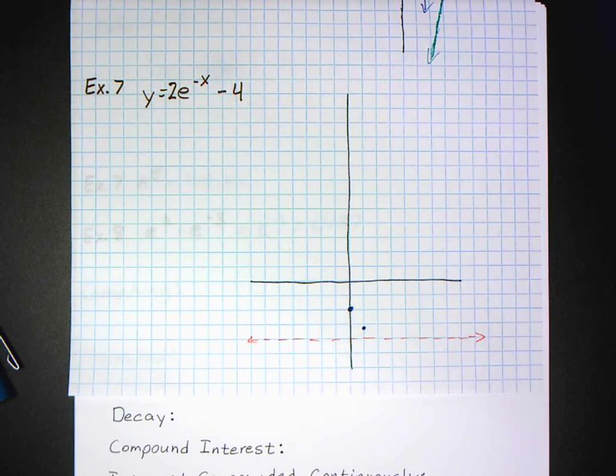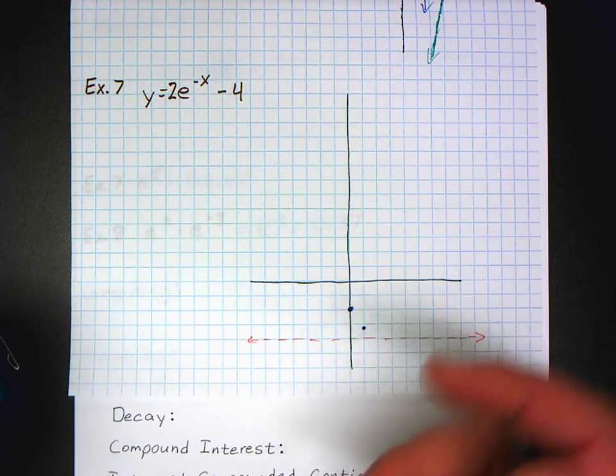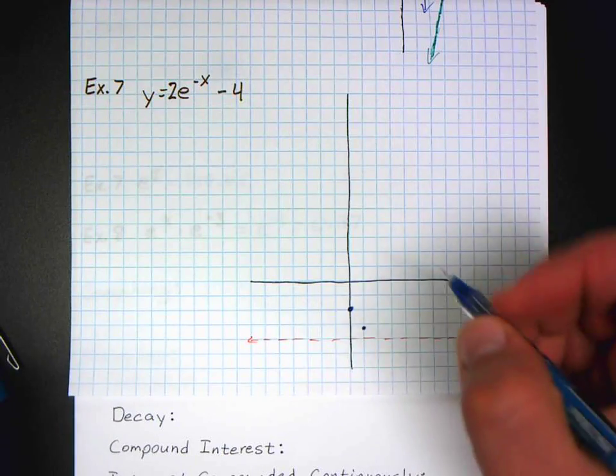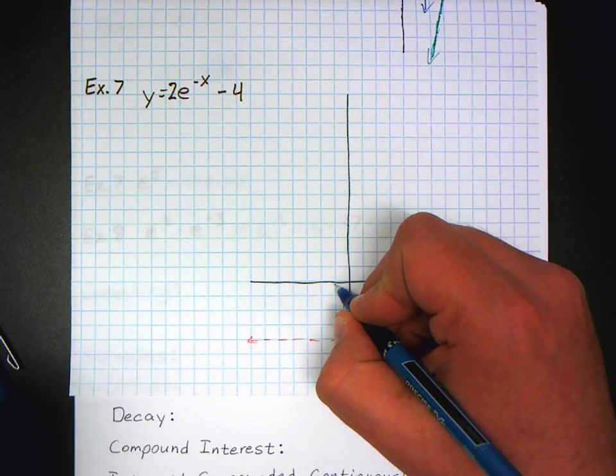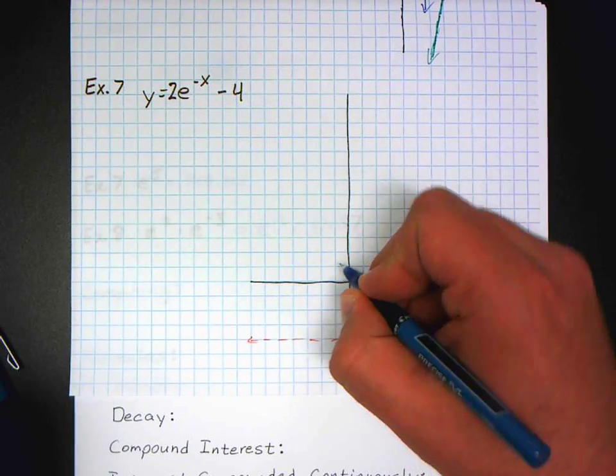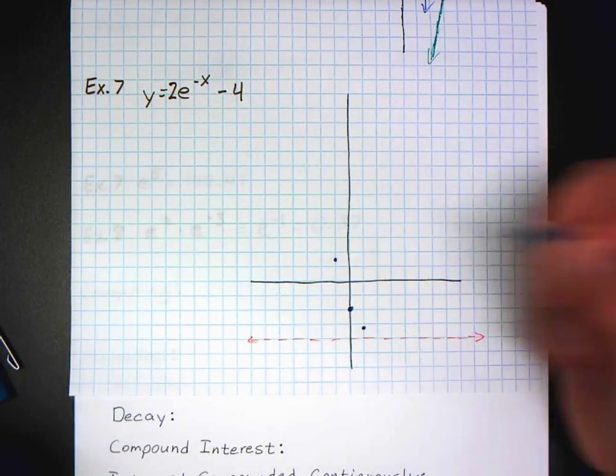For -1, I got 1.436, whatever. Don't care. I get 1.4. That's close enough. 1.4. Somewhere there.